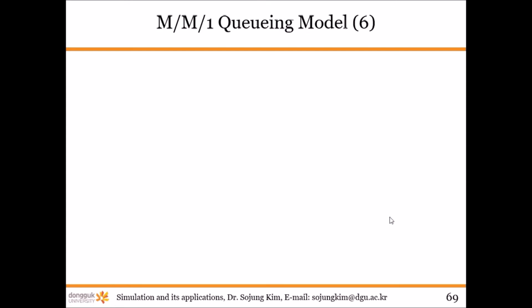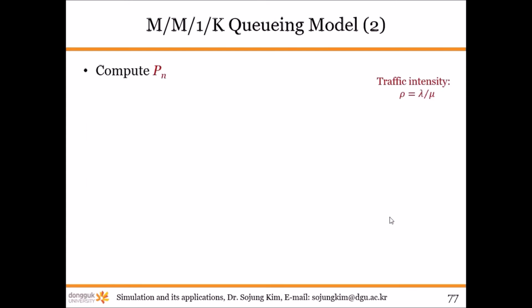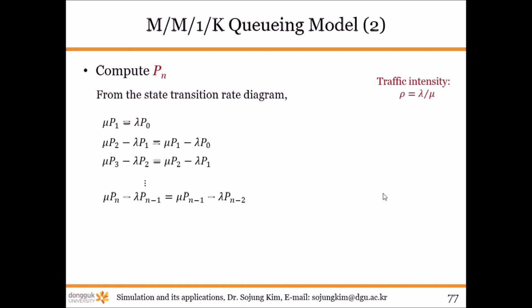Anyway, in this case, similar to the MM1 model, we can calculate Pn, the probability of the n state. So let's look at these equations. From the state transition diagram we know that the input rate and the output rate should be equal at each state, right?